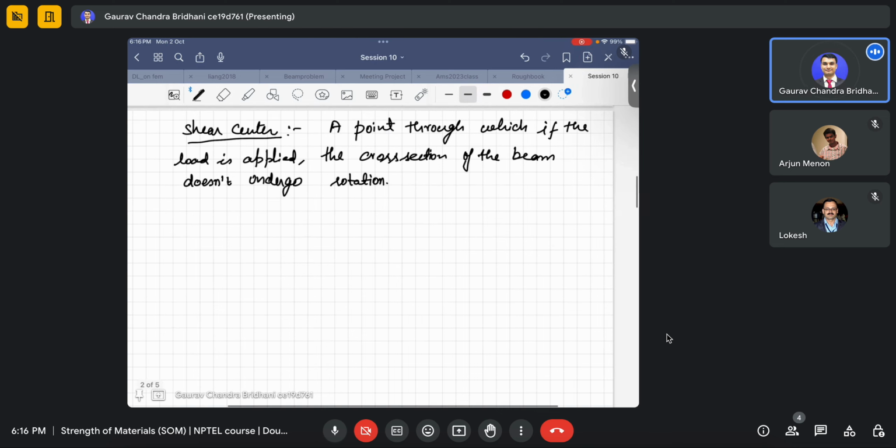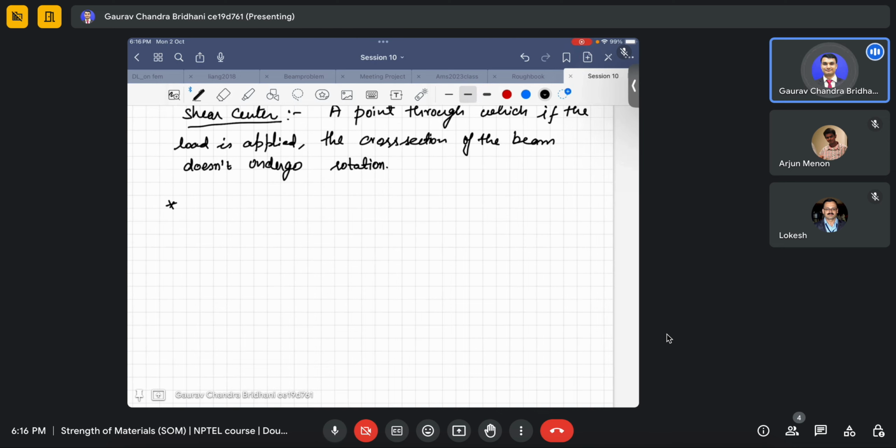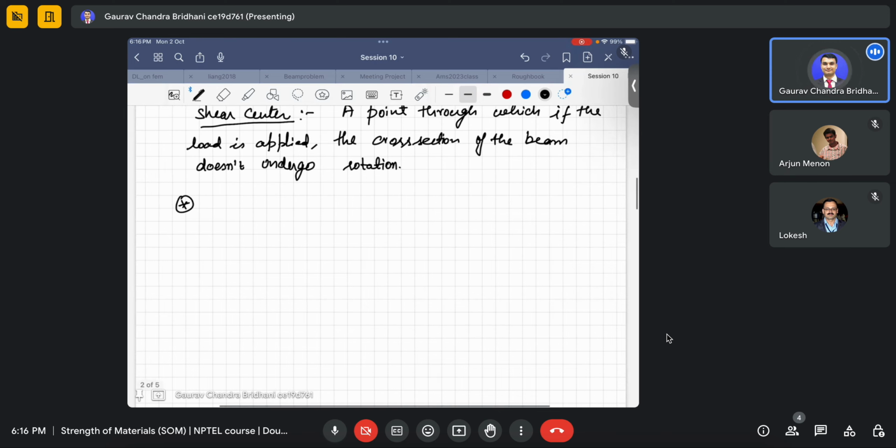So now what happens? I'll just give a short way. There is a proper way to find the shear center. To find shear center, basically you find the rotation in a cross section due to all the forces.